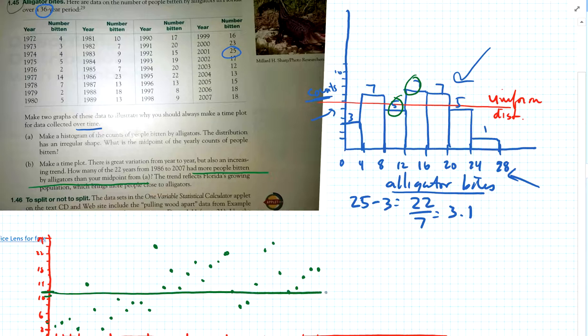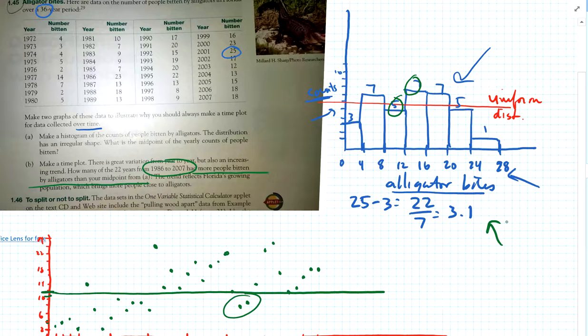So if I just draw my line there and ask how many years from '86 to 2007 had more people bitten by alligators, well, here's '86 to '07. That's all of them but 2. How about that? That gives you a little different picture than the histogram.